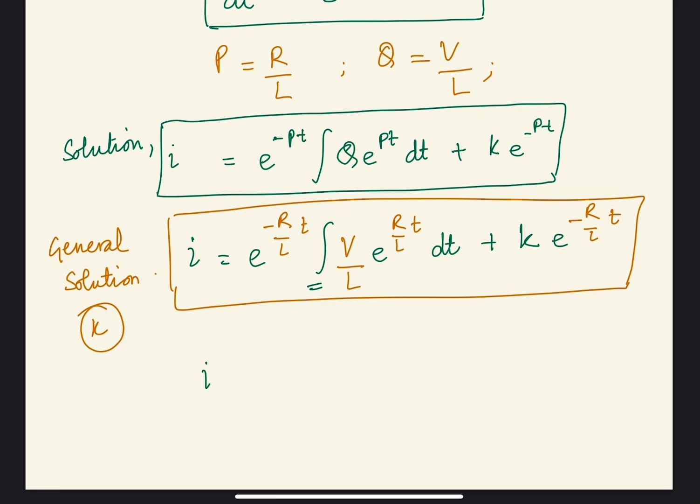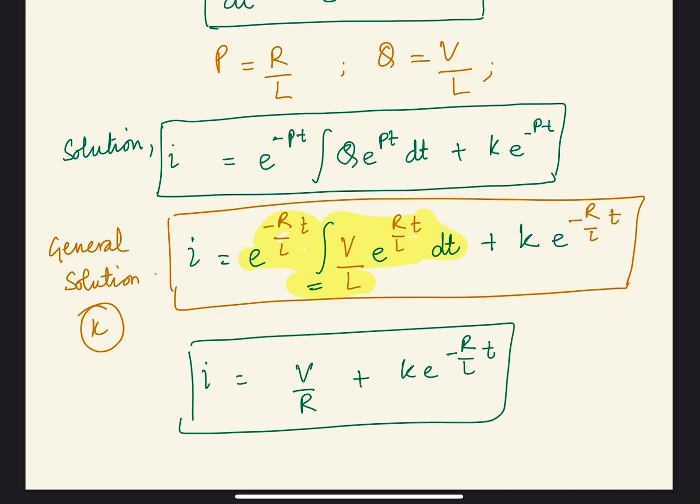If you take a closer look at this expression, the constants will come out, and the integral of e to the power x is e to the power x itself, right? So upon simplifying, this expression actually becomes V by R, and you are left with k e to the power minus R by L t.